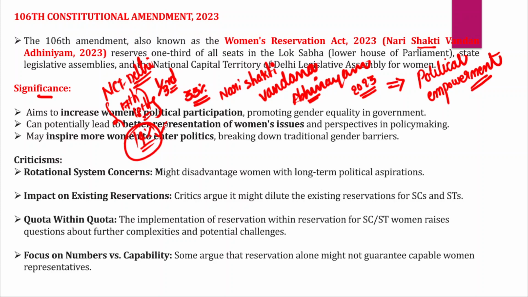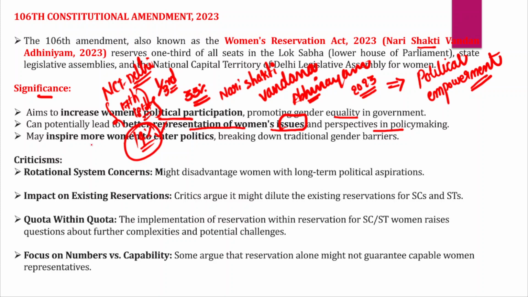So that is this Nari Shakti Vandan Adhiniyam. It aims to increase women's political participation. A primary focus of this particular amendment is that it enhances women's political participation, and it also promotes gender equality in the government. Similarly, it can potentially lead to better representation of women's issues and perspectives in policy making.